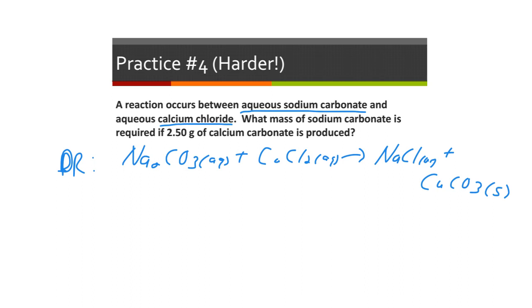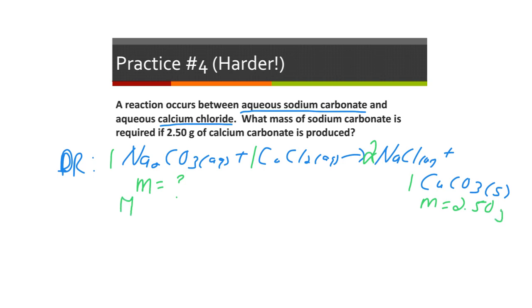Checking our solubility table, we know calcium carbonate is going to be our solid, so we can find a mass. Our balanced equation is 1, 1, 2, 1. Then we list our information: what mass of sodium carbonate, so m equals question mark, is required to produce 2.5 grams of calcium carbonate.